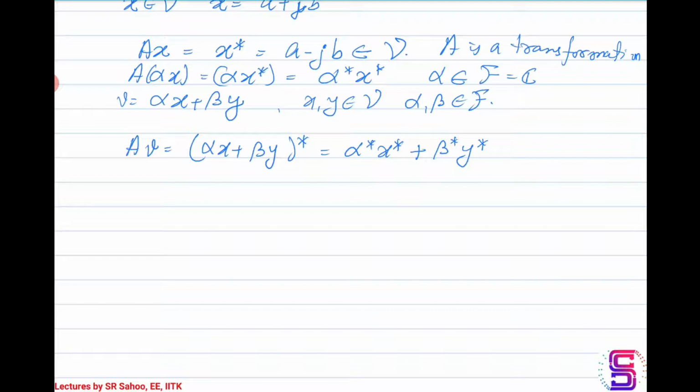Now let's see what alpha Ax plus beta Ay is. Alpha Ax plus beta Ay is alpha x conjugate plus beta y conjugate, right?